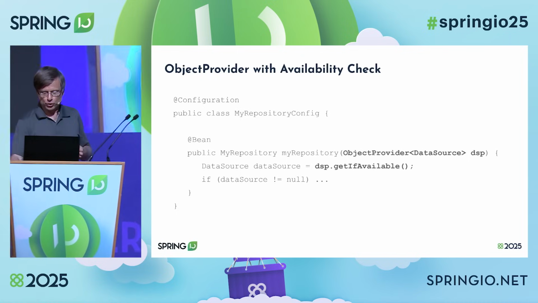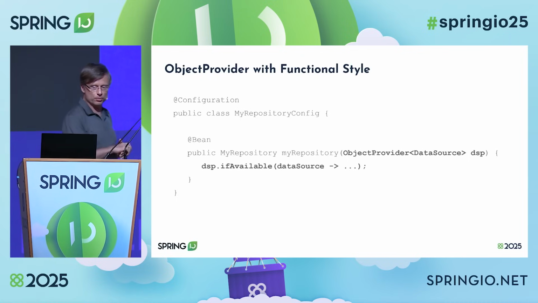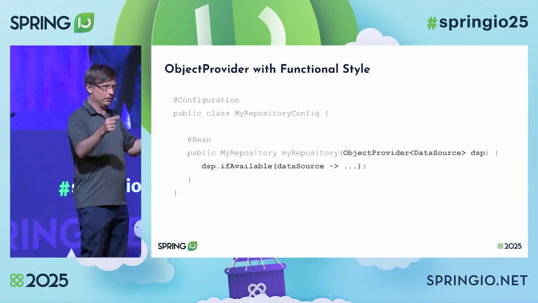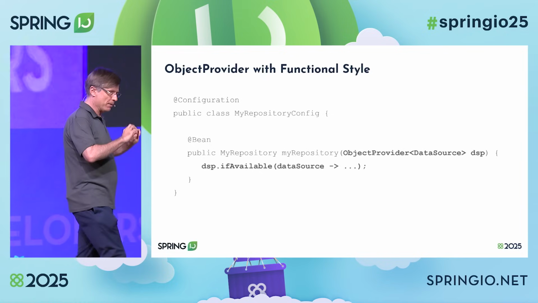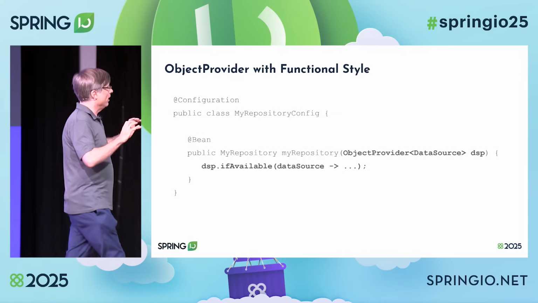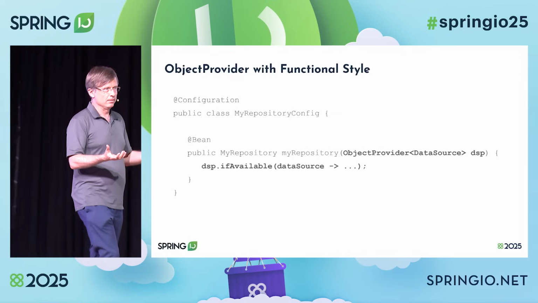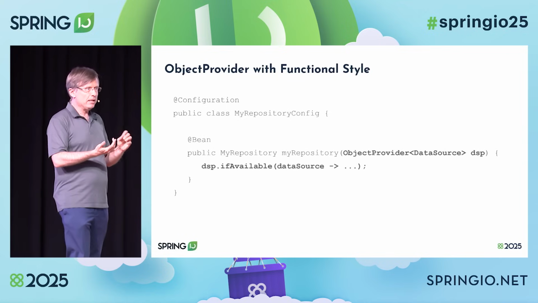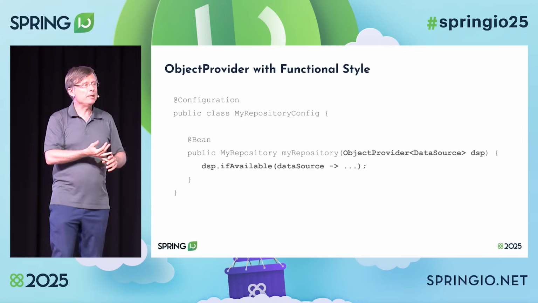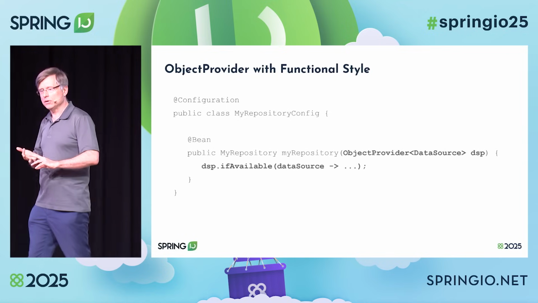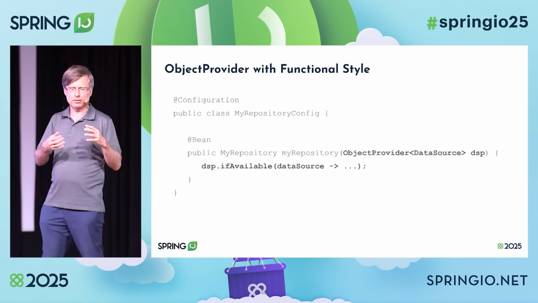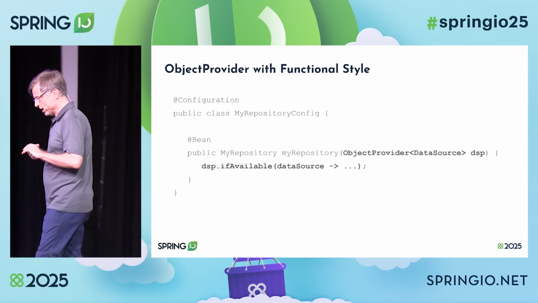We also have Optional-like interaction. You can do ObjectProvider ifAvailable. The data source is then passed in if it's available, and you can do something with it, reacting to it. Again, lazy access semantics, optionality implied semantically, and java.util.Optional-style interaction with it.